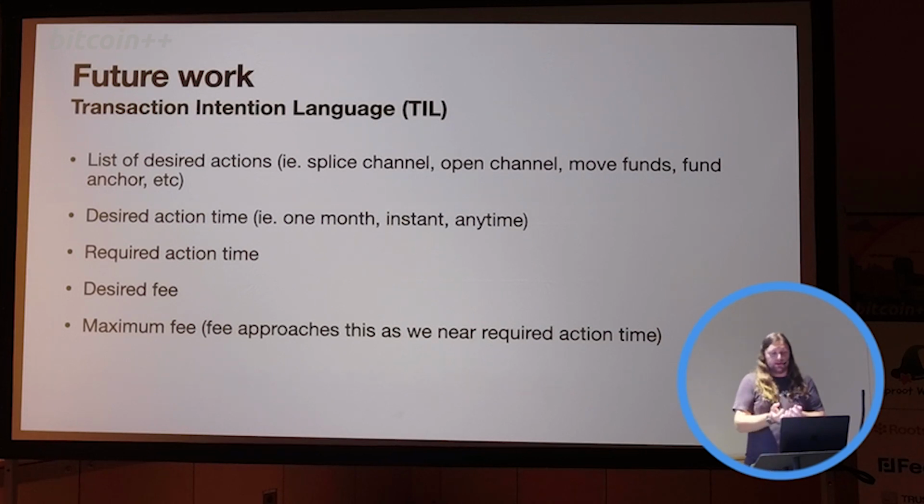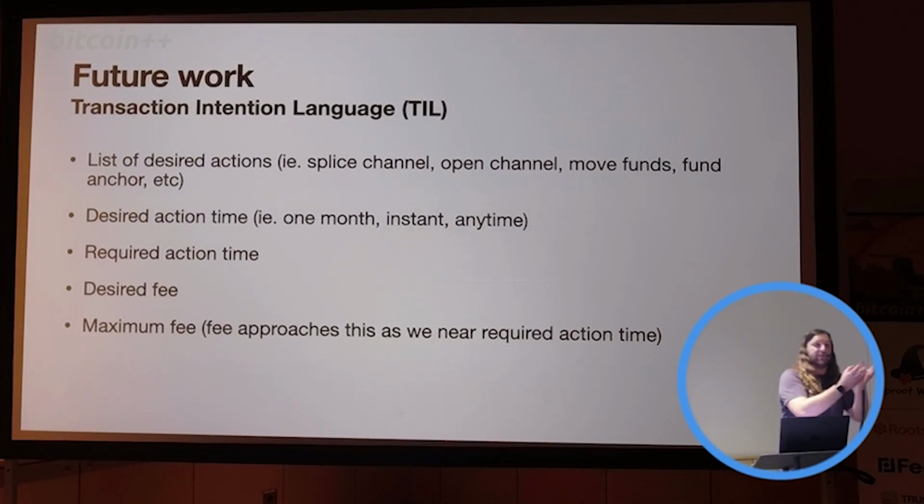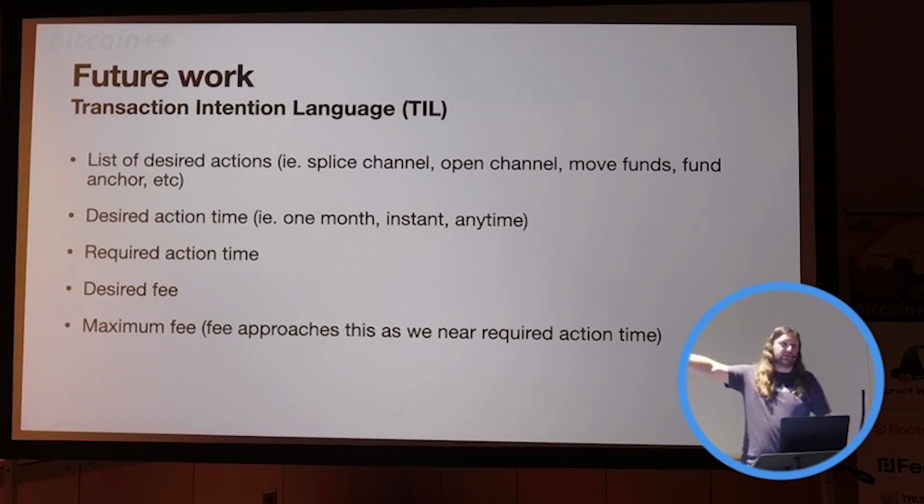The reason you need this is in order to merge transactions: if everybody's doing what they want to do right away, there's less opportunity to merge. But a lot of things can be done over time. So if I can do it any time in the next 3 months, I can wait for somebody else who's doing one, and add it to it whenever they come through, say in a month. So this is a future design goal language to coordinate that.